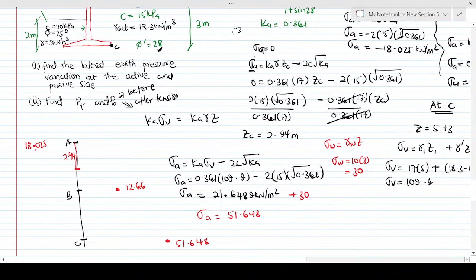So now I can draw my variation. The variation starts from here, then it counts down. It comes here, becomes zero, then continues into the positive direction and comes here like this.